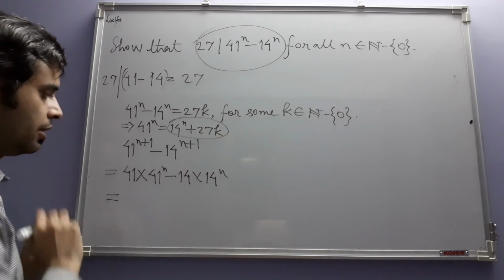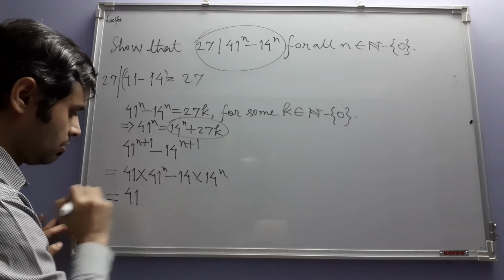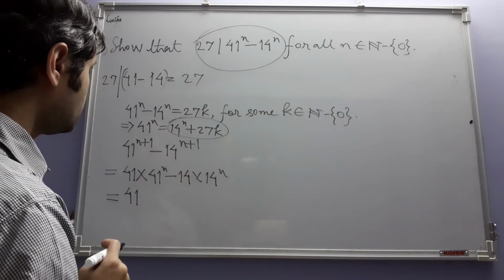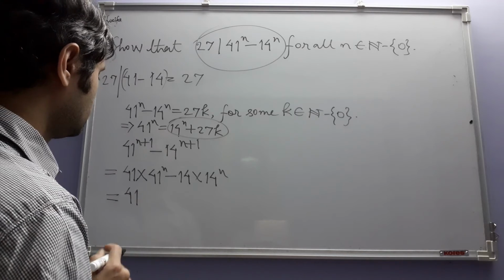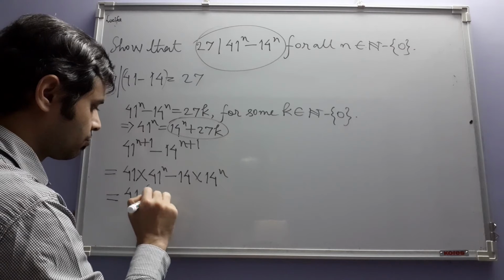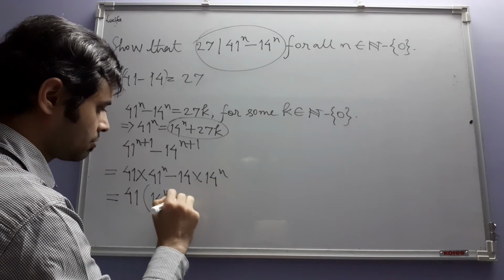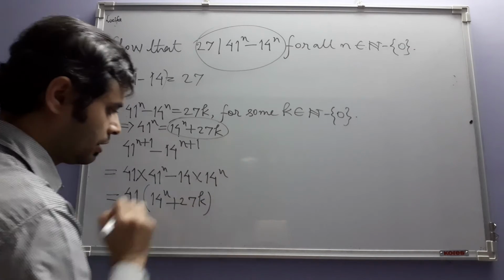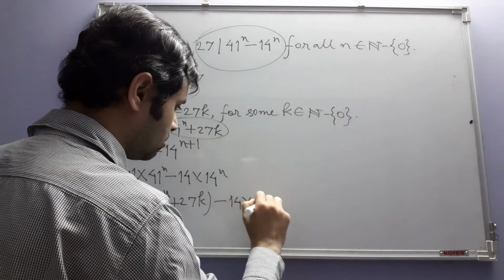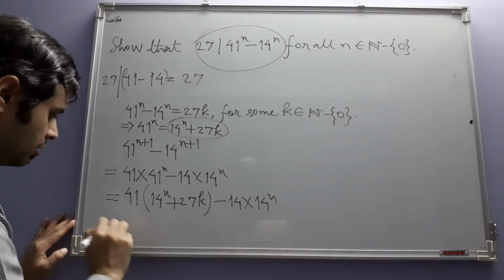This we can use here. 41 and we can write 14 to the power n plus 27k minus 14 times 14 to the power n.